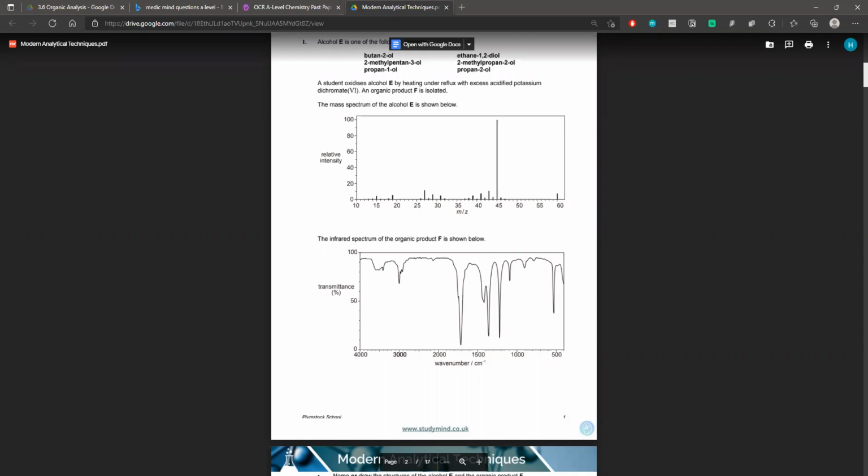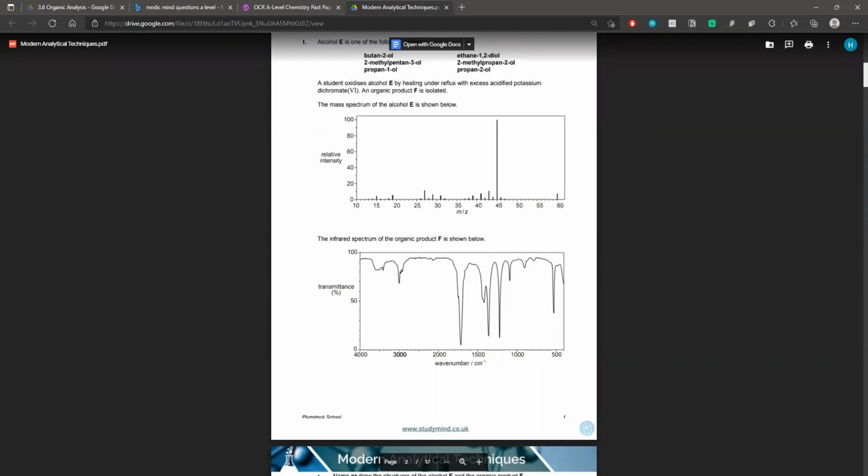How can you tell it's not going to be an aldehyde? Yeah, it's heated under reflux. Perfect.